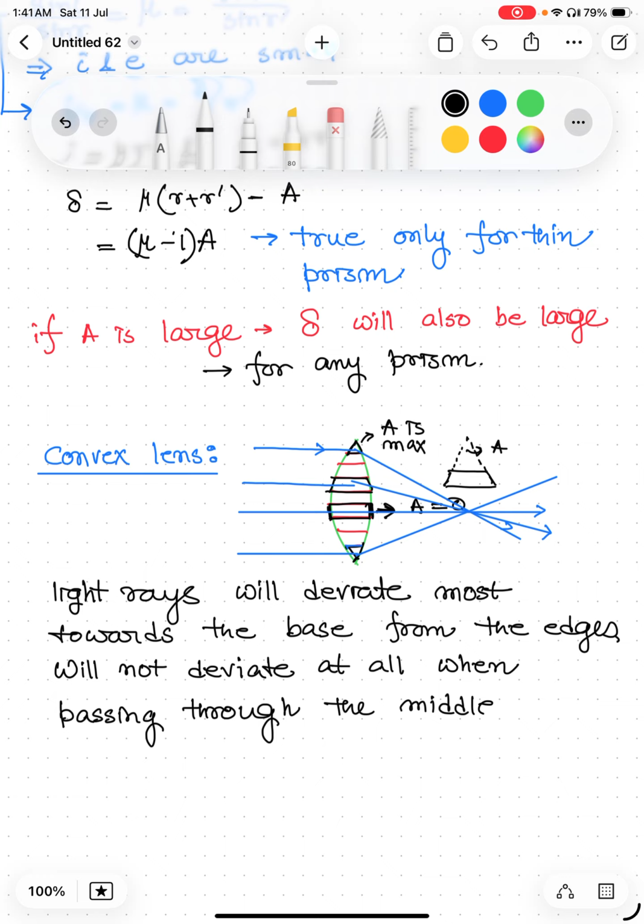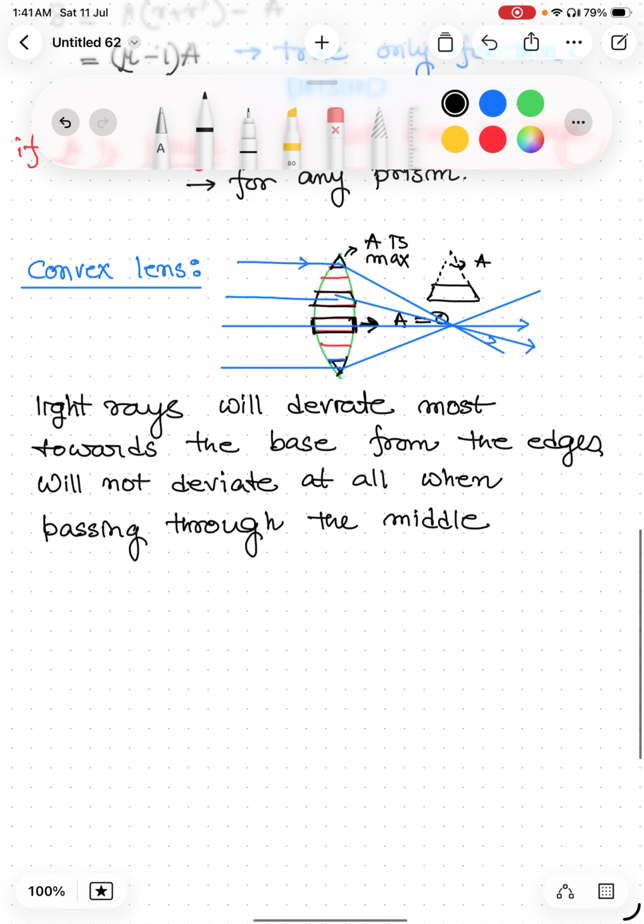And this is the way the convex lens converges light.